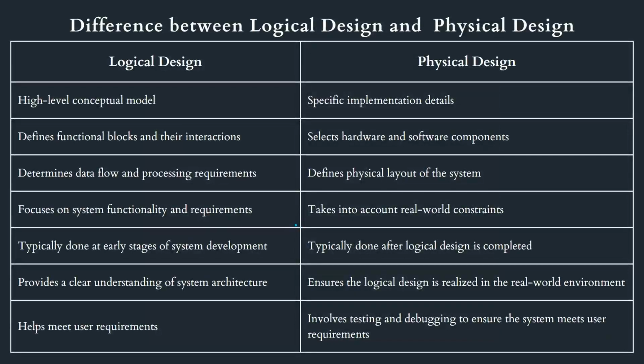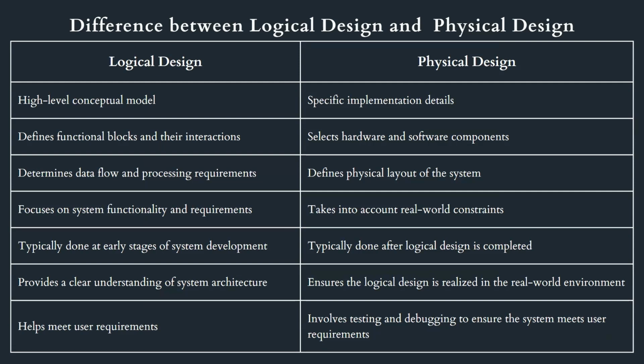So the difference between logical design of IoT and physical design of IoT is basically that the logical design is proposing the high-level conceptual model of the IoT system, and the physical design is doing the hardware implementation of the designed high-level model.